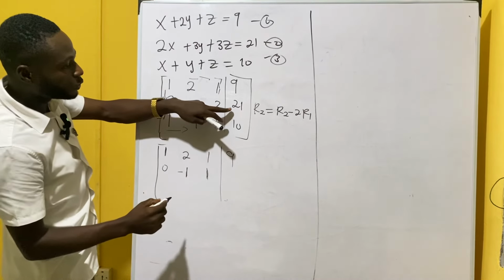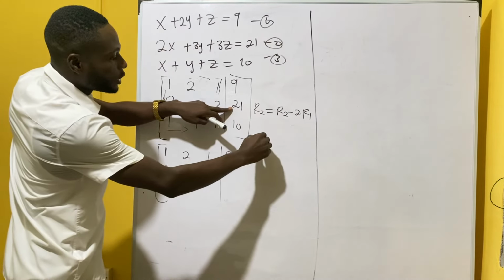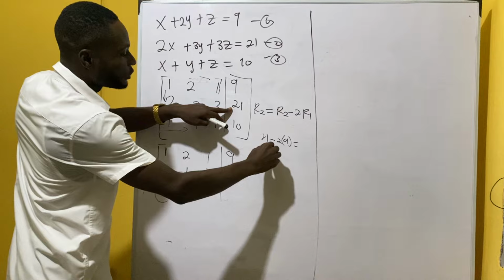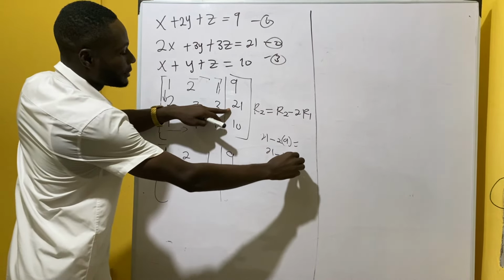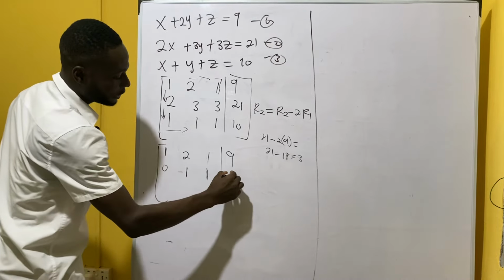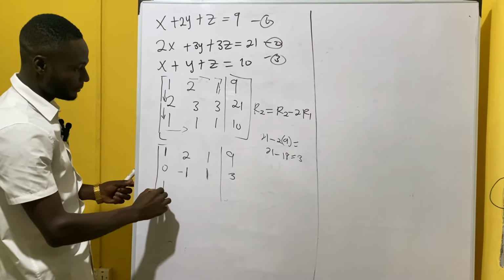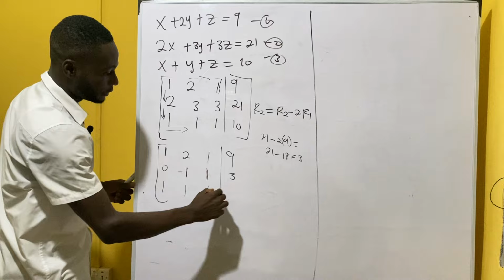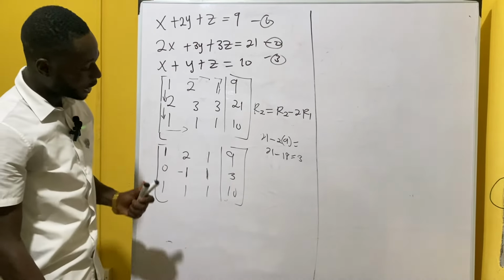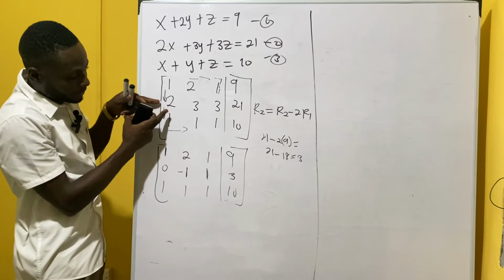And we have 21 minus 2 times 9, so 21 minus 18, and that is 3. So now we are done with the first element on the second row.